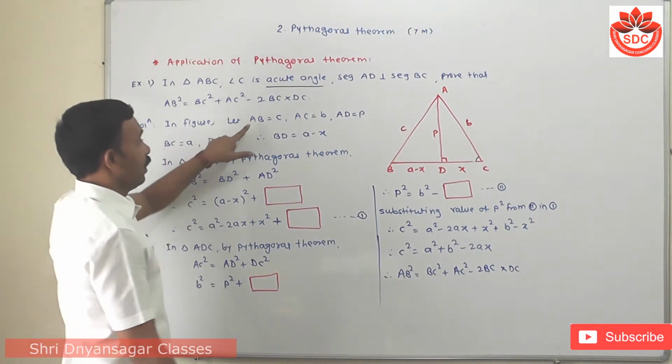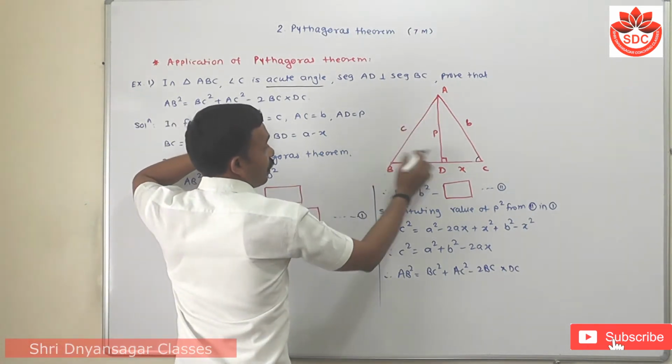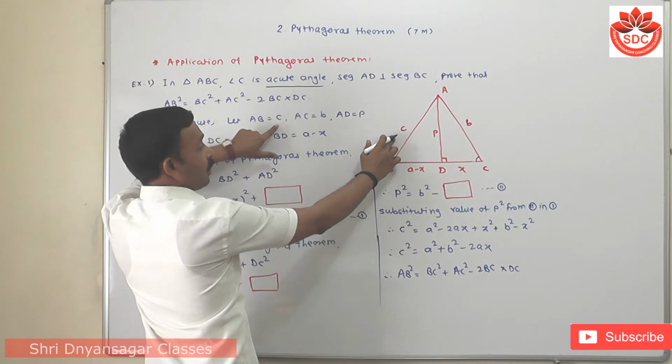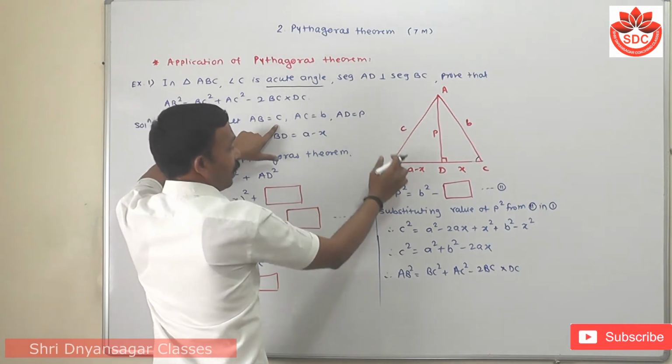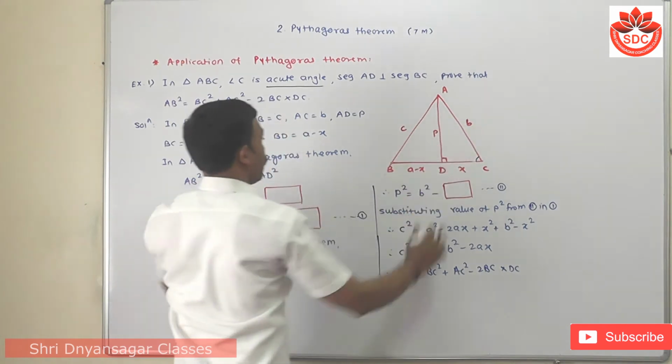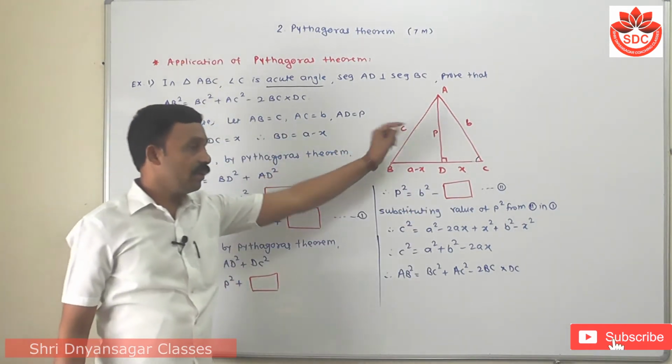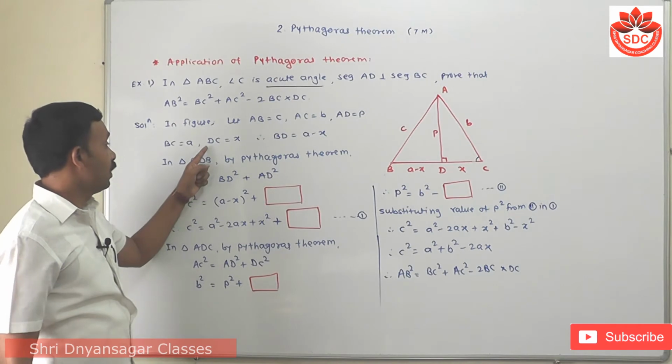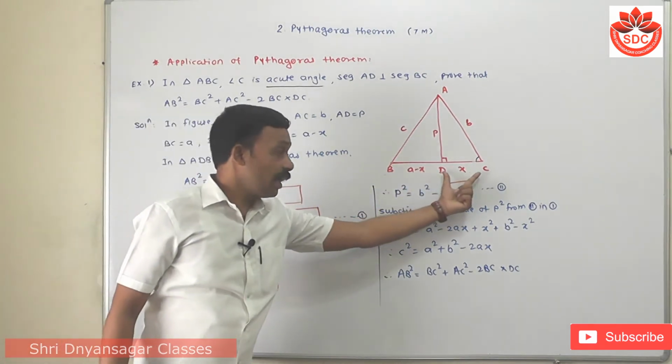Then AB is the side opposite angle C, so it is denoted by small c. Then AC is the side opposite to angle B, so denoted by small b. AD is the perpendicular, denoted by p. Let DC be equal to x.